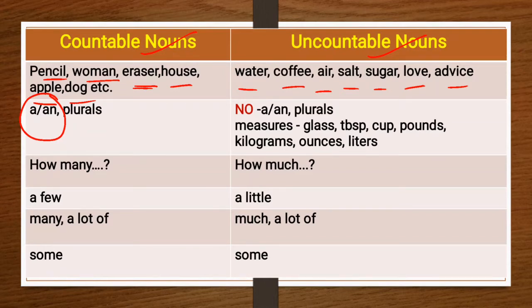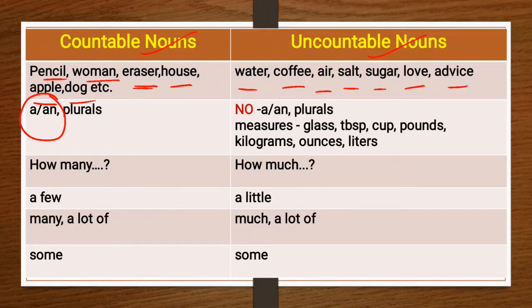Milk, water, and oil are liquids. And if we talk about salt and sugar, we cannot count the small particles or the crystals of sugar. And emotion and advice are abstract nouns. They are feelings, they are ideas. We cannot count them, and that is why they are considered uncountable nouns.